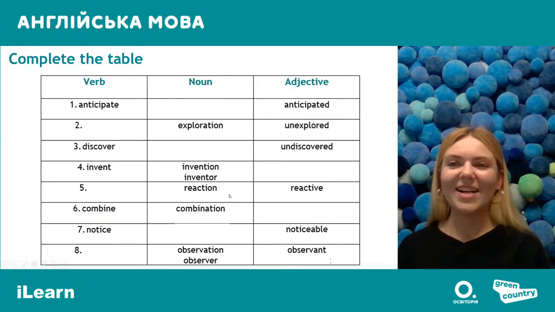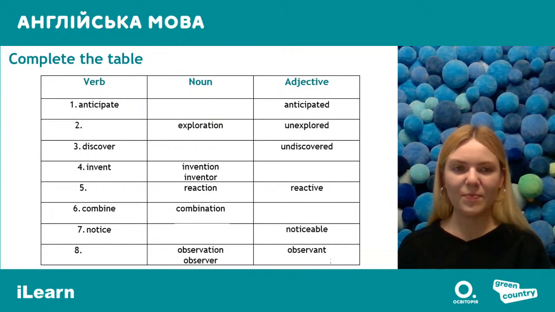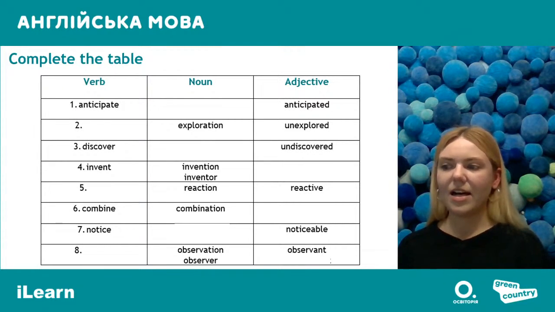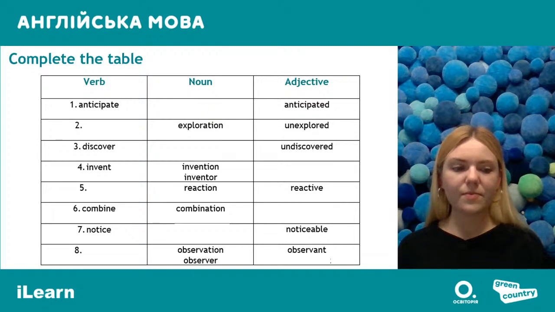Let's go on. So some more word families, and let's start with anticipate. So we have a verb anticipate, передбачати. We have an adjective anticipated, передбачений або очікуваний. And what is the noun? So anticipate is a verb, anticipated is an adjective. What is the noun?